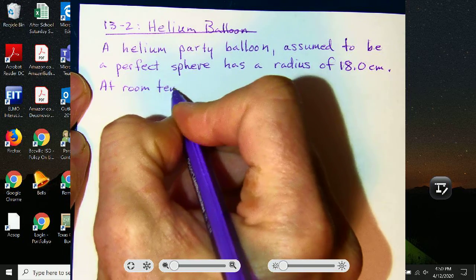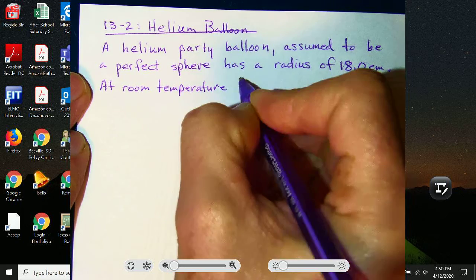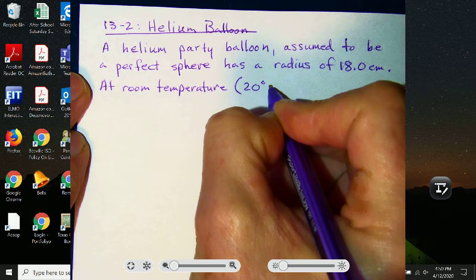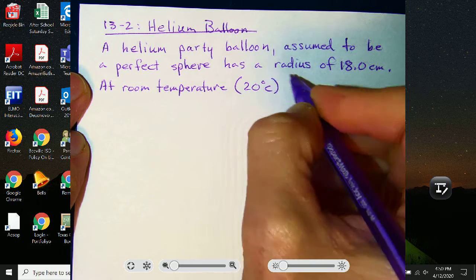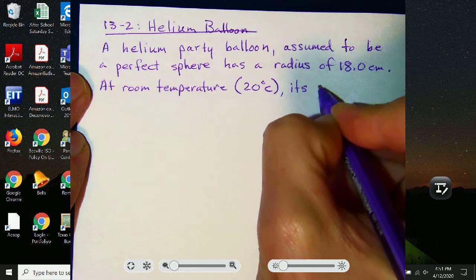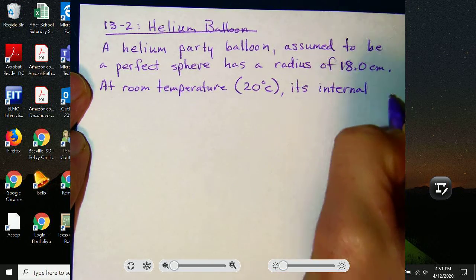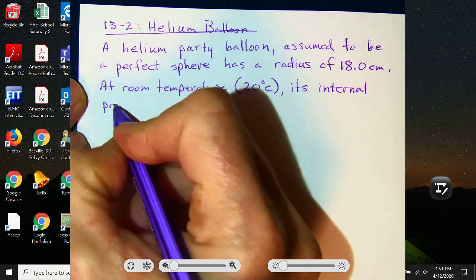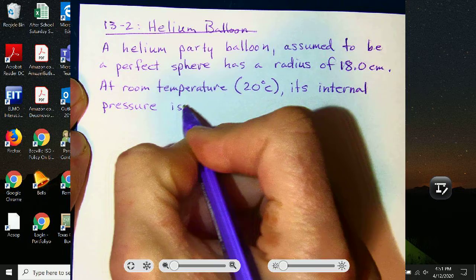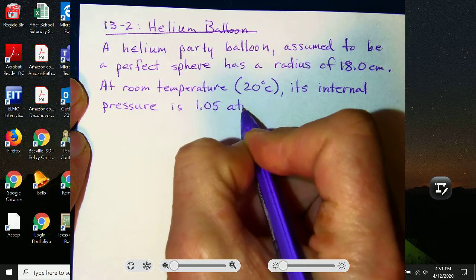Room temperature, and by room temperature we usually mean 20 degrees Celsius. Its internal pressure is 1.05 atmospheres.